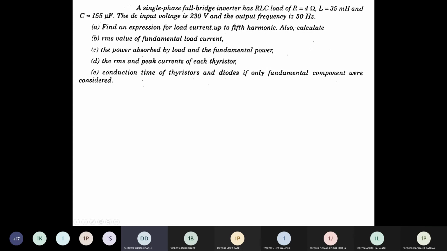See here, the load is RLC. R, L, and C are given. So can you calculate the conduction time of the thyristor and diode from these three values? Think about it.